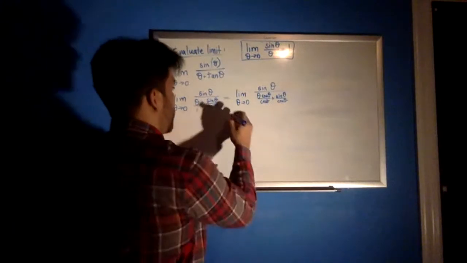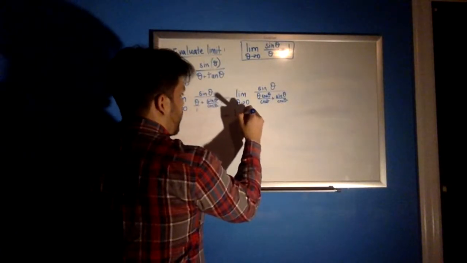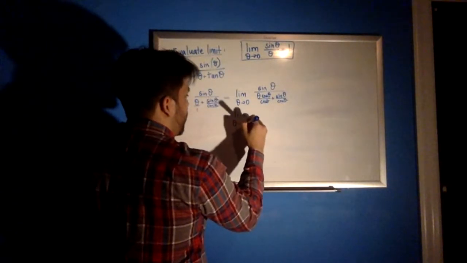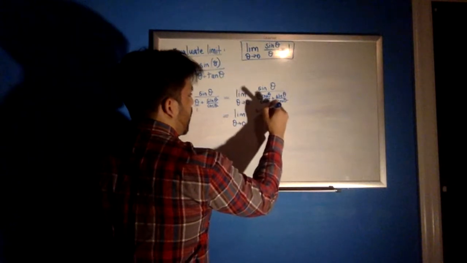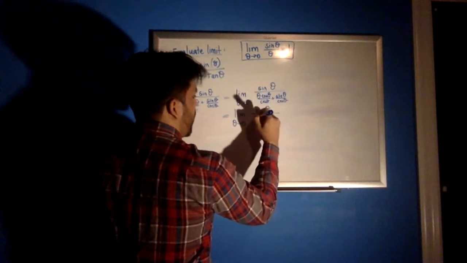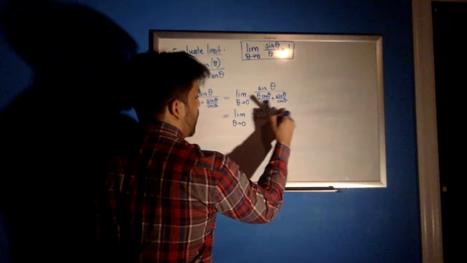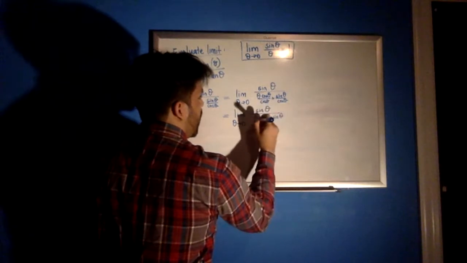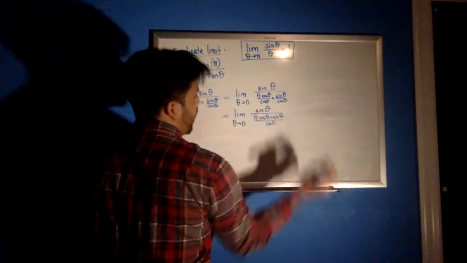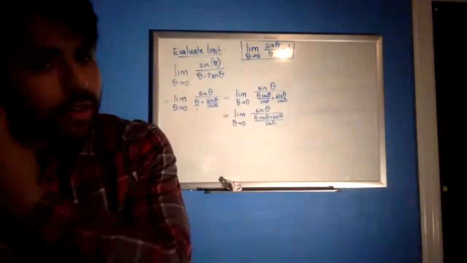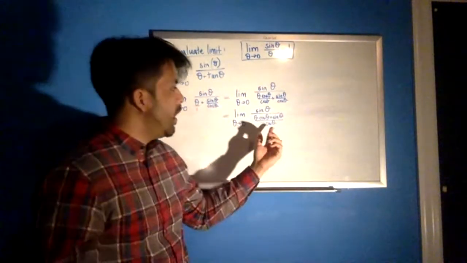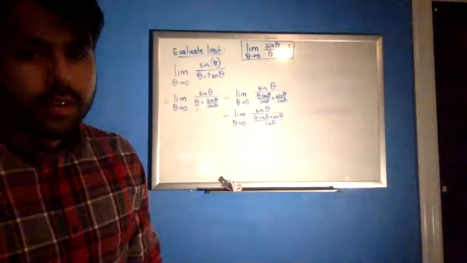I can unite them, and I get the limit as theta goes to 0 of sine of theta over theta times cosine theta plus sine theta over cosine theta, right? All I did was unite the fractions into a single fraction.